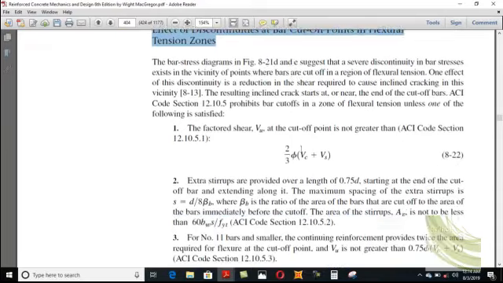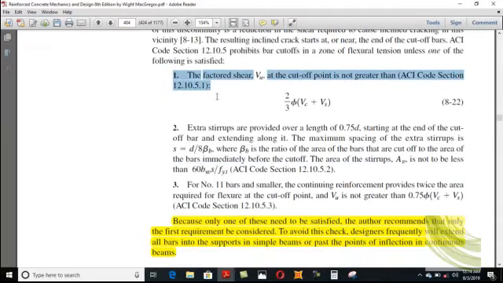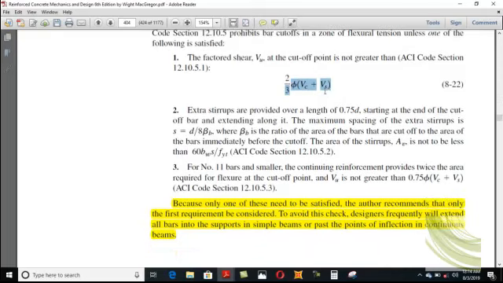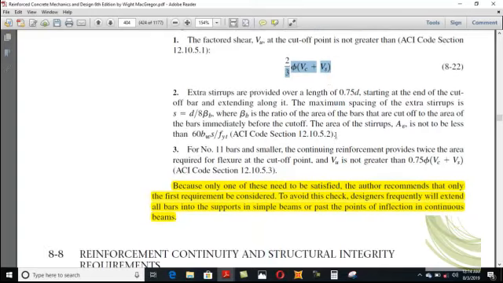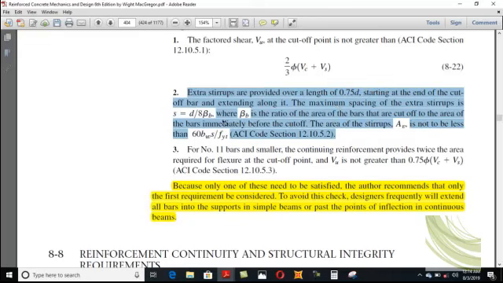Criteria number one: the shear developed at that point must be less than 2/3 of the total shear strength, that is, the shear strength of the concrete plus the shear strength of the stirrups. Similarly, the next criteria is about the spacing of the stirrups, which should be minimum.